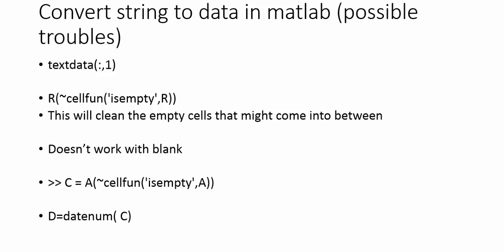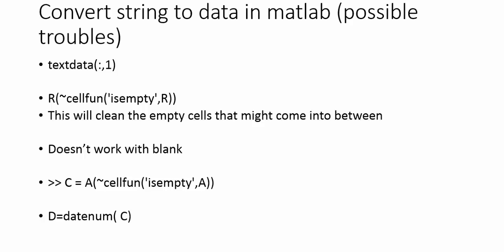Another problem is that there might be empty cells in Excel when you import them into MATLAB. Those empty cells might give you trouble because they are like an empty cell matrix in a way. You should get out of that trouble by using the cell function.